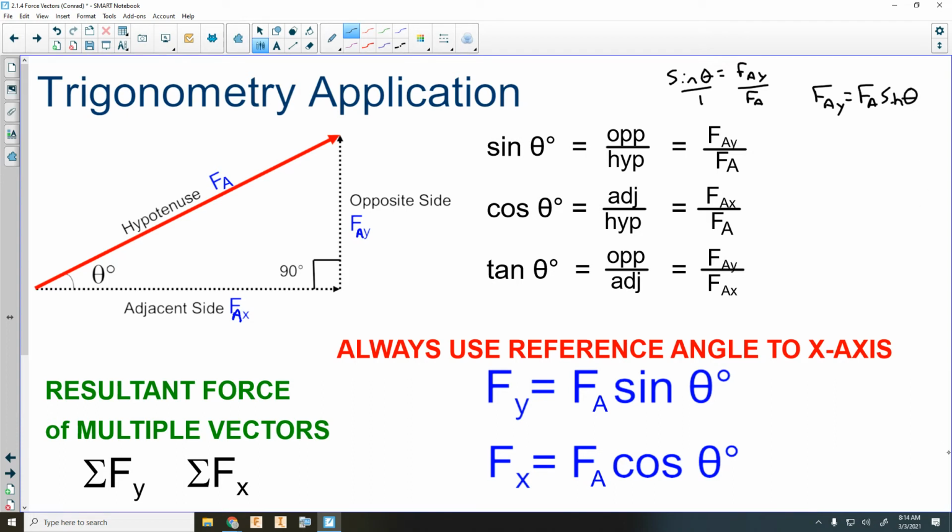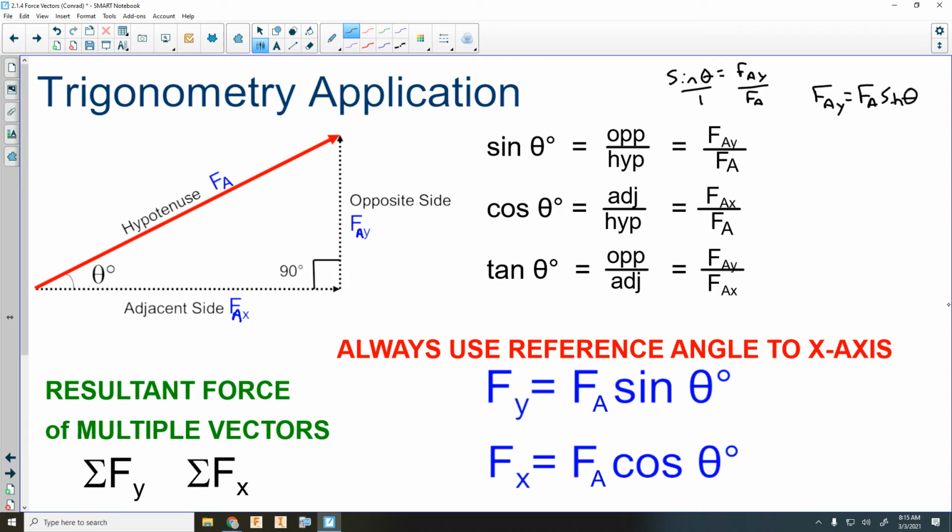In engineering, a lot of times we solve with the variables first and then plug in our numbers. There are so many numbers to plug in and write down, it makes it simpler, instead of plugging in numbers and then trying to solve.